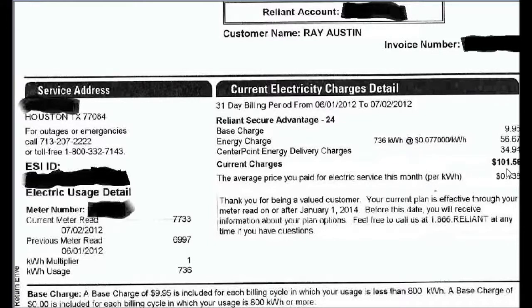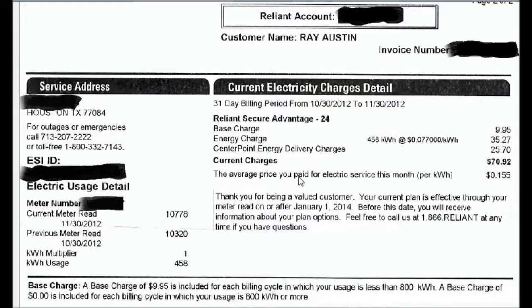So we basically take this 101.56 minus the other low bill, which was $70.92, comes out to a little over $30, about $31, $30.64, I believe, to be exact.